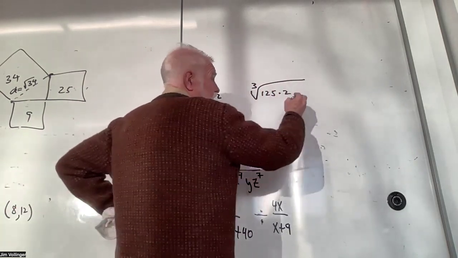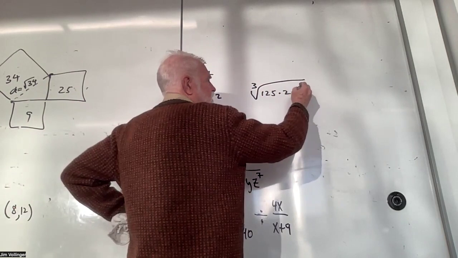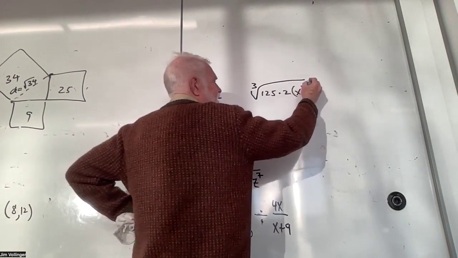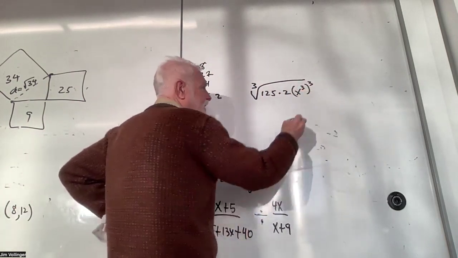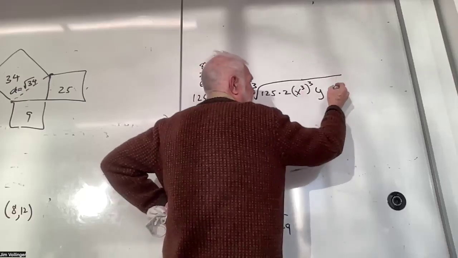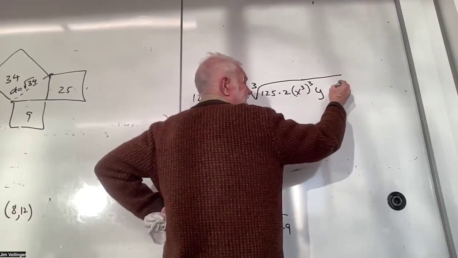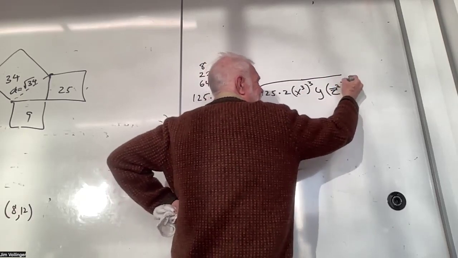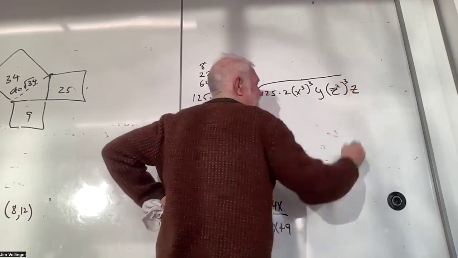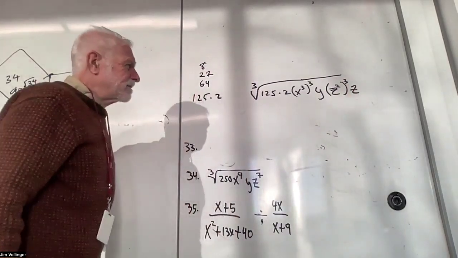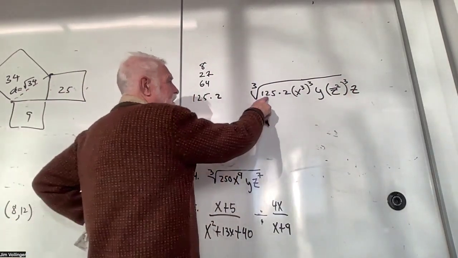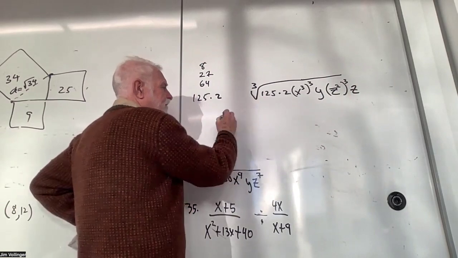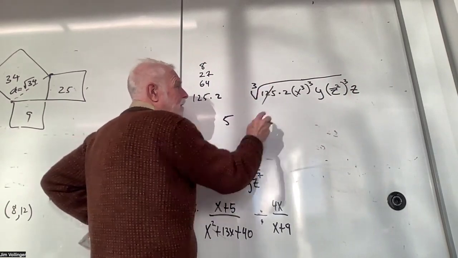X to the 9th is, I think, x cubed 3 times. And y to the 1. And I see z to the 7th is z squared 3 times, times z. That's another way to look at this. So I'm looking at the cube root of 125 is 5. Done that one.